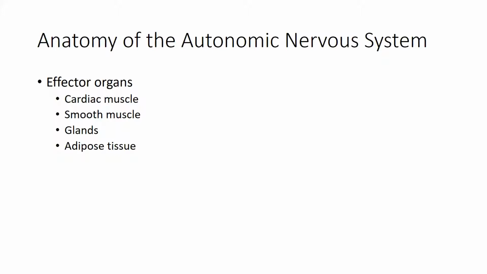We cannot dilate or constrict our respiratory airway. We cannot consciously dilate or constrict our blood vessels, right? So that's your cardiac muscle, your smooth muscle, your glands, and the adipose. So let's look at the general anatomy of the autonomic nervous system.